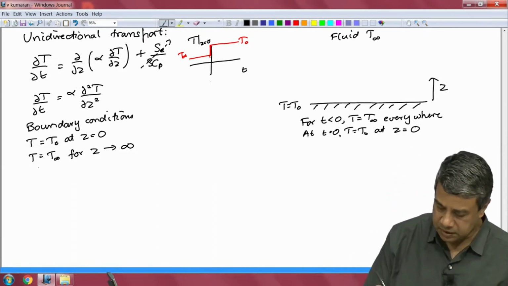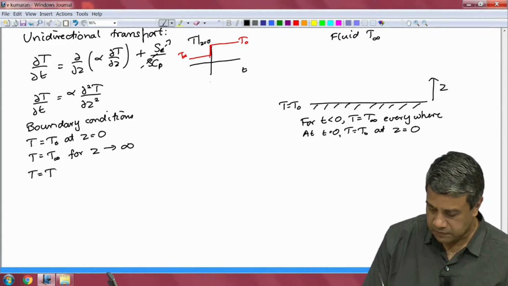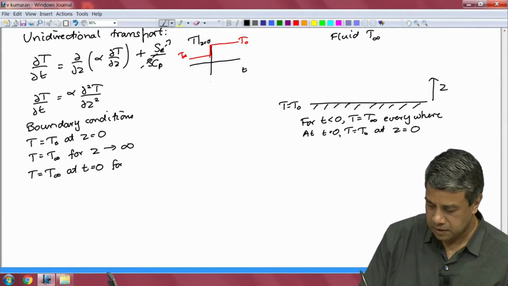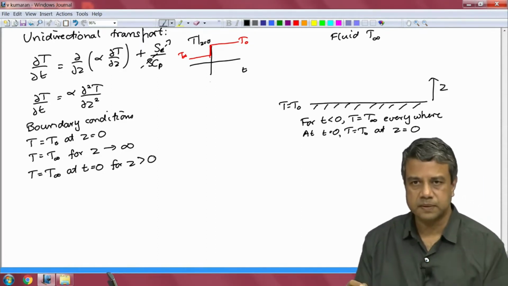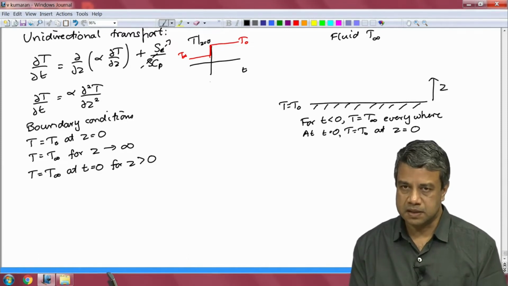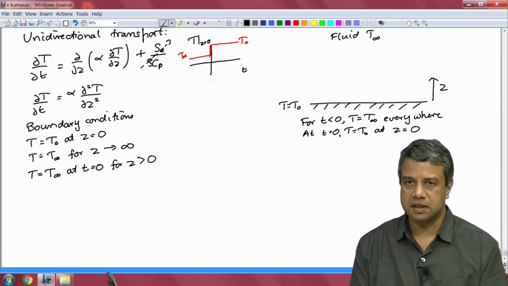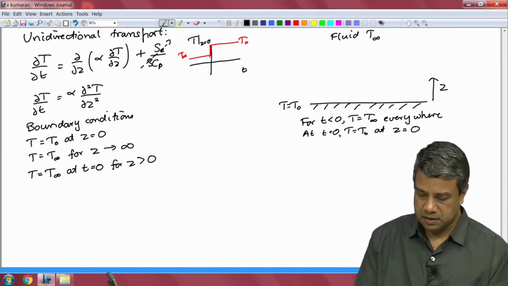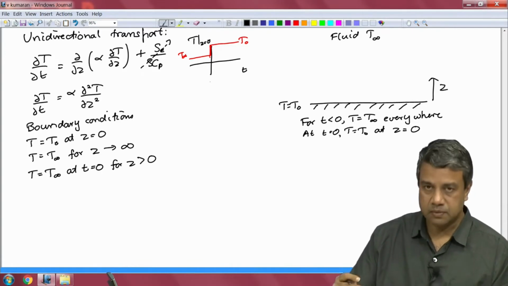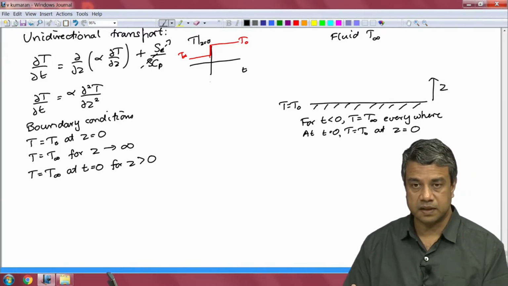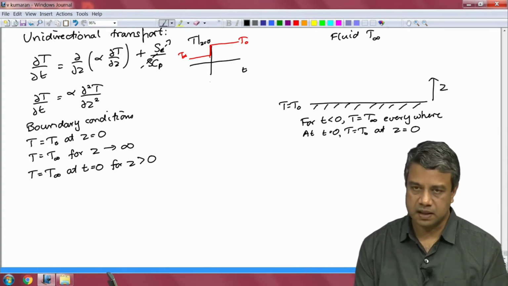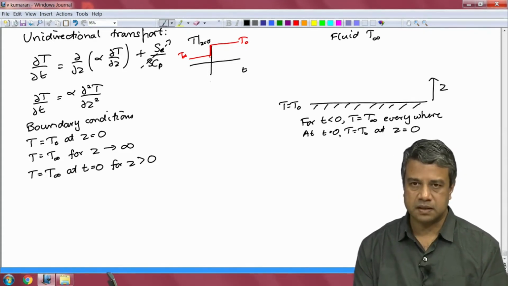And at t is equal to 0, T is equal to T infinity for z greater than 0. At the initial time t is equal to 0, the heating is switched on and the temperature of the surface instantaneously increases to T naught. However, the fluid is still at the same temperature T infinity. You switched on the heating on the surface, but the fluid is still at the temperature T infinity. So, T is equal to T infinity at 0 time for z greater than 0.